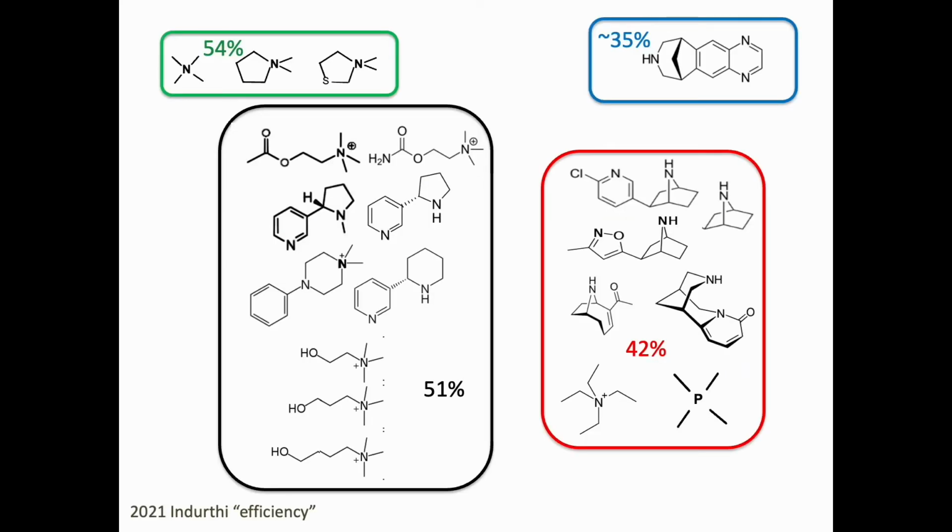So I just want to show the agonists here, and I've circled them with a line of the color that relates to their efficiency: 54, 51, 42, or 35%. Previously, we did an analysis that showed that, number one, only the head group matters.